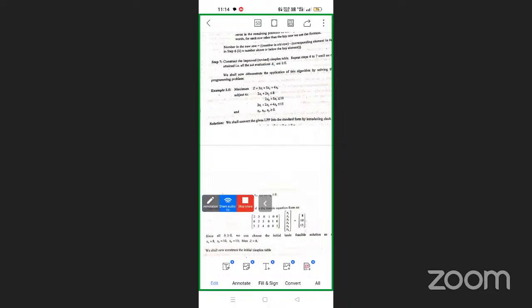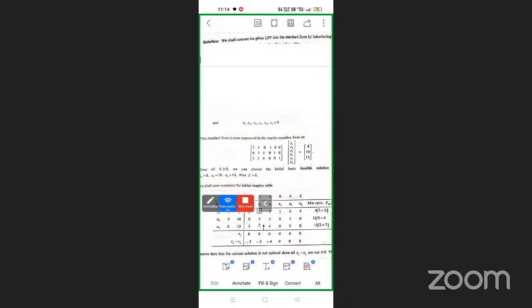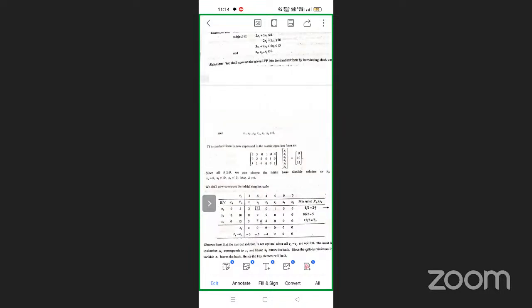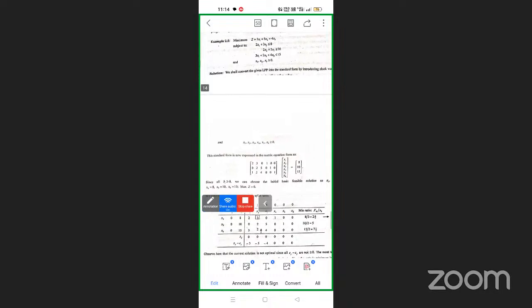So next, the matrix form. First row: 2, 3, 0, there is no x3 in the first equation, then x4, x5, x6 coefficients 1, 0, 0.